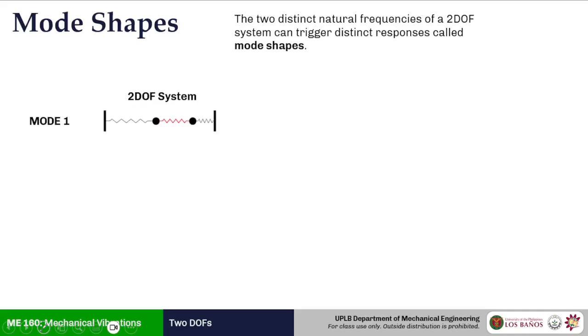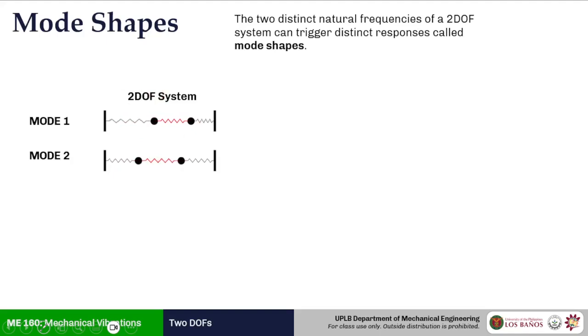This is a summary of the possible shapes of a 2 degrees of freedom system. Mode 1 mimics a single degree of freedom system. Mode 2 is something that a single degree of freedom system cannot do. So mode 1 imitates an SDOF system, while mode 2 is something the 2 degrees of freedom system can do, but the single degree of freedom system cannot.